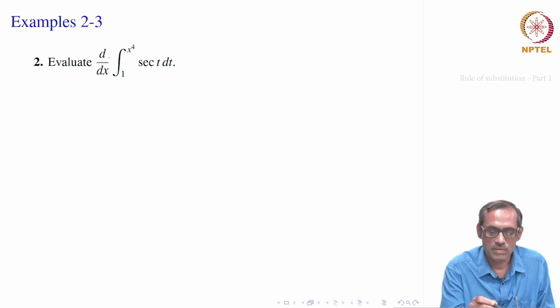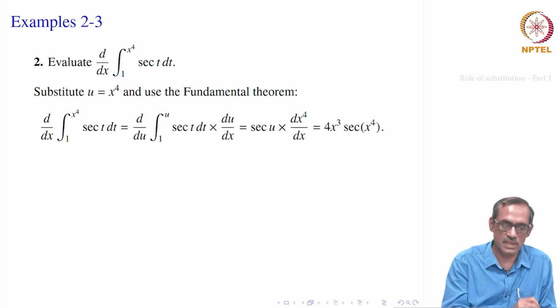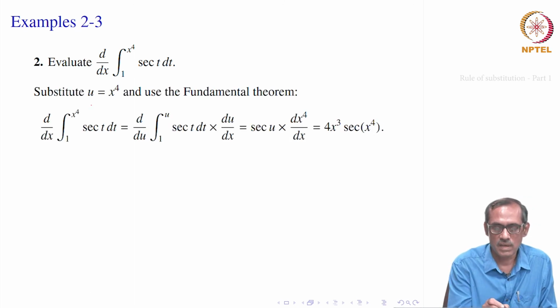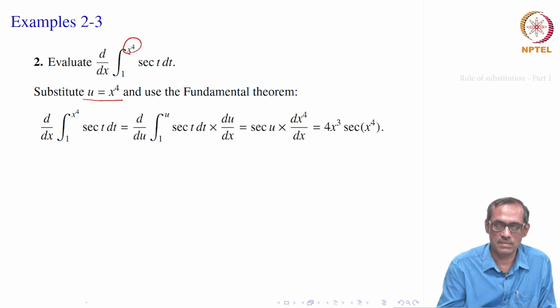So, what do we do? We can use the chain rule, express this as d by d of x to the fourth and then convert it to d by dx. We substitute u equal to x to the power 4, because that is where the trouble is, and use the fundamental theorem.